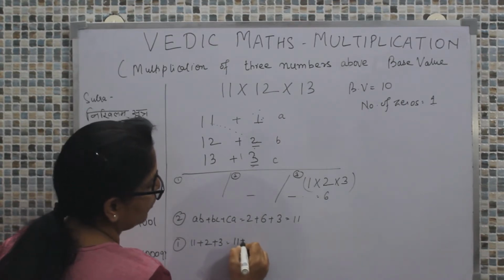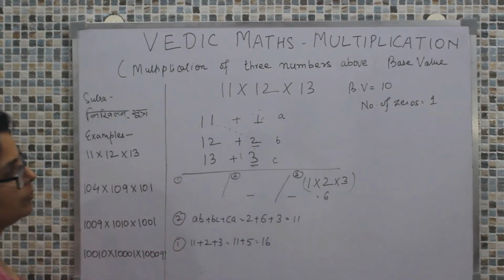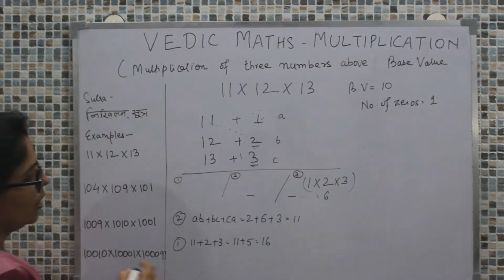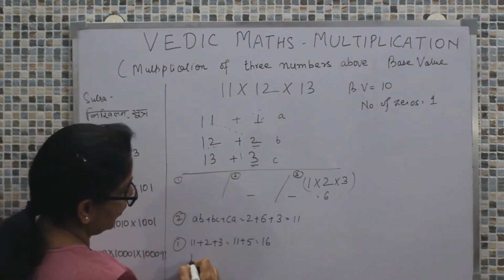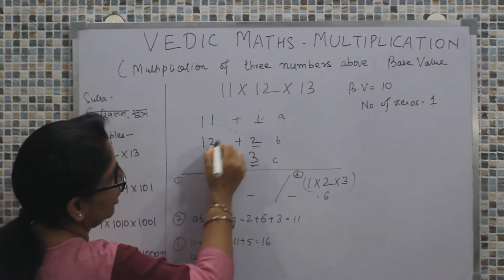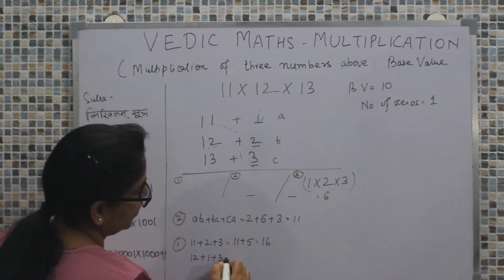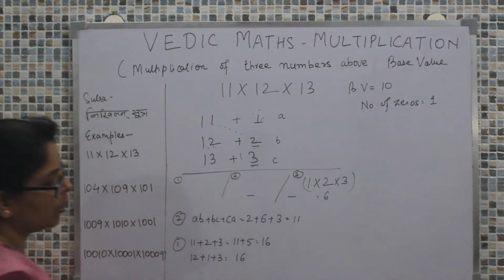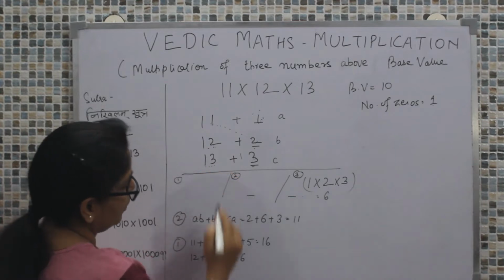So that will be 11 plus 5, that is 16. The other option is if we take 12 as a reference value. So 12 plus 1 plus 3, that will also come out to be 16. The third possibility is if we take 13.